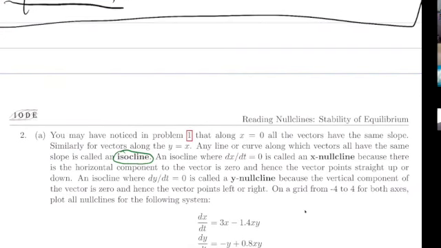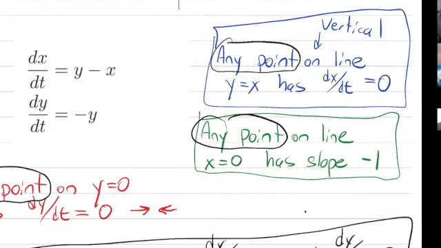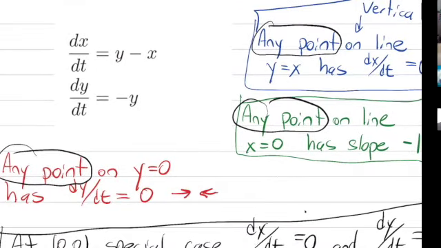So these are when we have all vectors that have the same slope along a line, any line, or any curve for that matter. And then there are a couple of special cases, which is these cases where dx dt was 0 or just dy dt was equal to 0. So all of these things are isoclines.